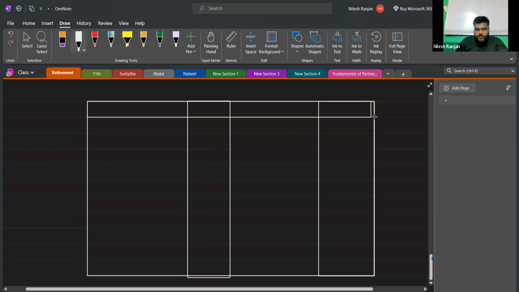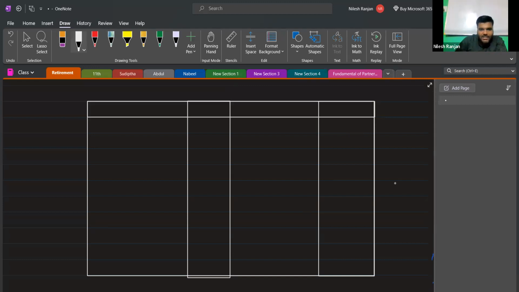Particulars, amount, particulars, right? No, I'm not talking about format actually. We understand the concept of format now. Retiring partner's loan account. Actually, particulars and amount is just a format part. It is not an issue. I'm asking what will be written on debit or credit side of loan account?